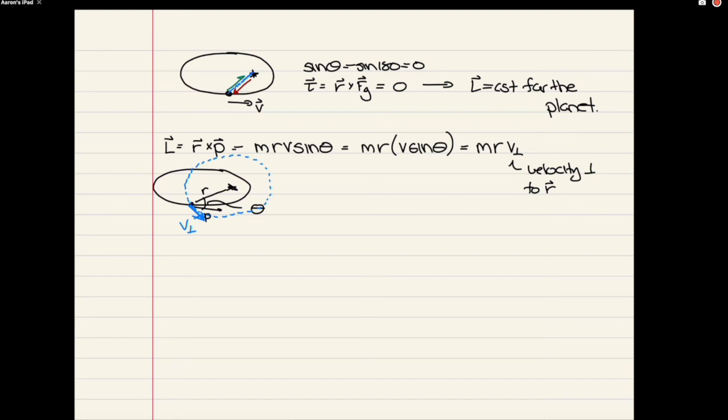Why that's helpful is because then we can use our relationships for linear variables. If we were to assign an angular velocity for the planet, we said the velocity as you go in a circle is the radius of the circle times the angular velocity, which in this case is the v perpendicular component. So I could write this as m omega r squared.